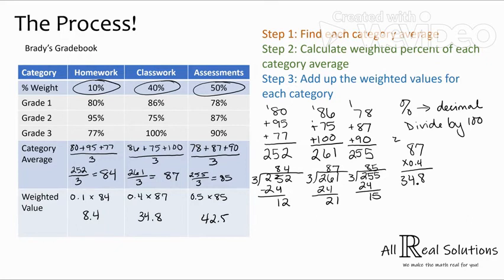Now that we have all of the percentage points earned in each category, we can calculate Brady's final grade by adding them all up. So we're going to add up 8.4 plus 34.8 plus 42.5. So 42.5, 34.8, and 8.4.